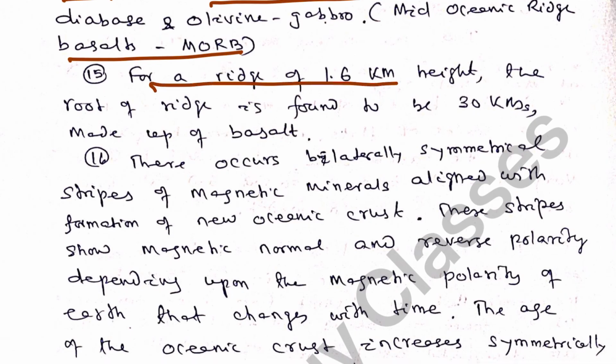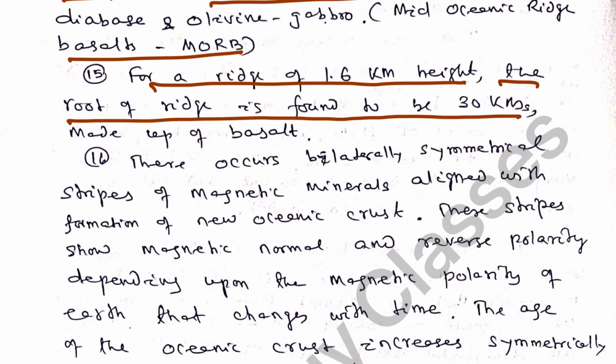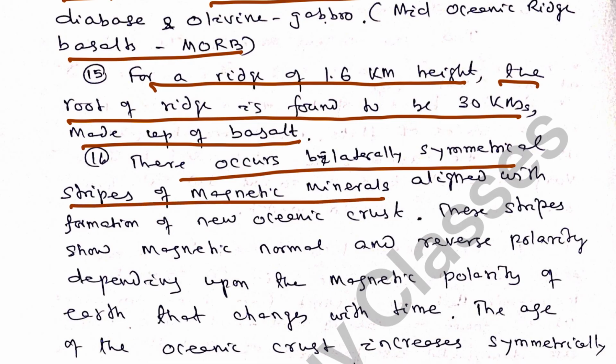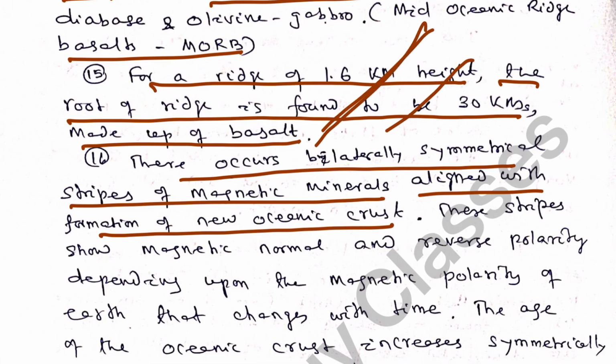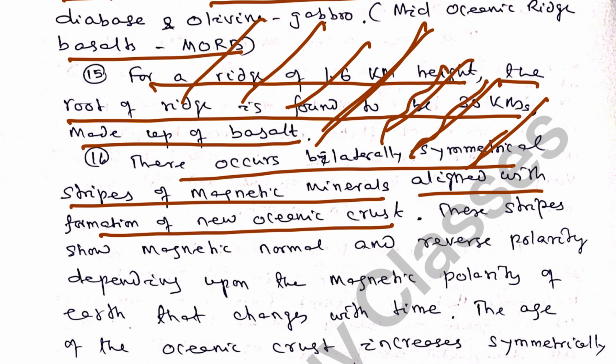For a ridge of about 1.6 km height, the root of the ridge is found to be around 30 kilometers, which are made up of basalts. And there are bilaterally symmetrical stripes of magnetic minerals which are aligned with the formation of new oceanic crust. If this is the ridge, on both sides we have the stripes of volcanic rocks. These are the volcanic rocks which have been pushed from the MOR.